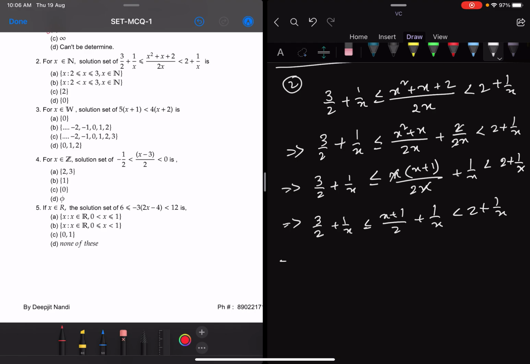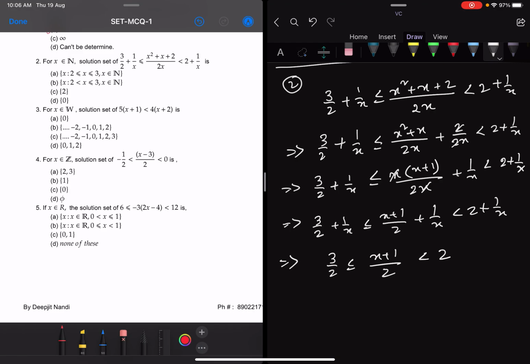Now, as each part contains plus 1 by x, we can subtract that 1 by x from every part. So there will be only 3 by 2 less than or equal to x plus 1 by 2 less than 2.